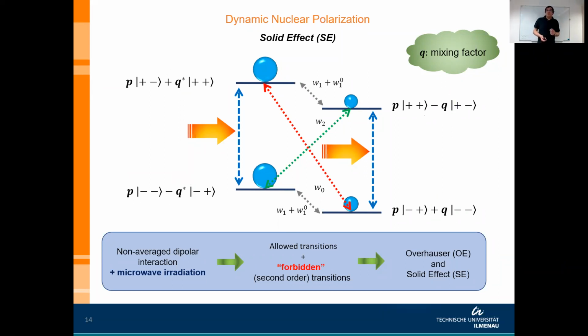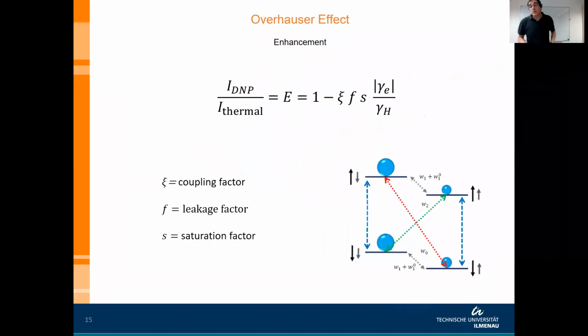Well, this is the Q mixing factor, and then the enhancement is described by this classical equation that we see here on the screen, described by 3 parameters basically. When you irradiate, you reach a steady state, and when you arrange the terms, you can see the enhancement as the ratio of the signal after irradiation and the thermal polarization that we get when we don't irradiate.